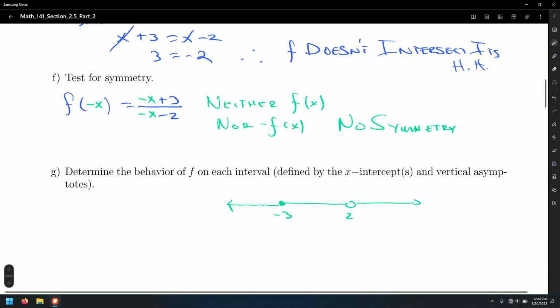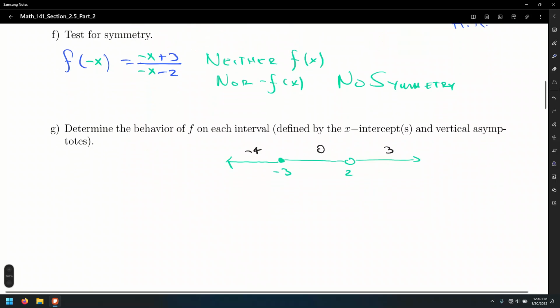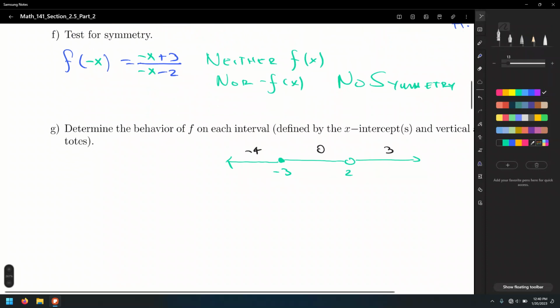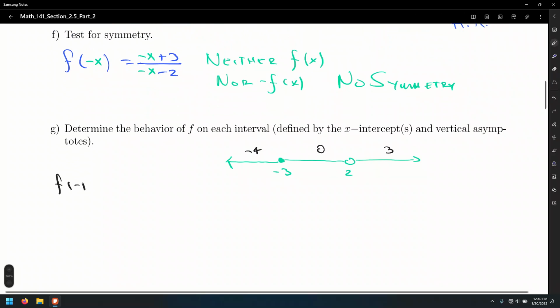Pretty much every number works, so go easy with them. Negative 4, 0, and 3. This is what we're going to do. We're going to evaluate the original function at these three test values. That is f of -4, f of 0, f of 3.